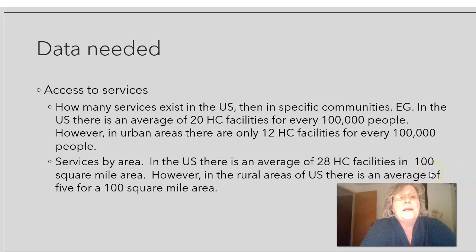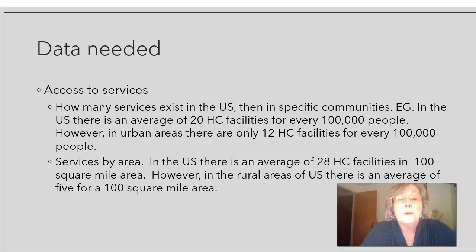So here are data examples for access to services. If a risk factor of yours is that people do not have access to services, here are two ways that you report that disparity in data. And these data do exist. One way is you would talk about how many services exist in the United States and then compare it to specific communities.